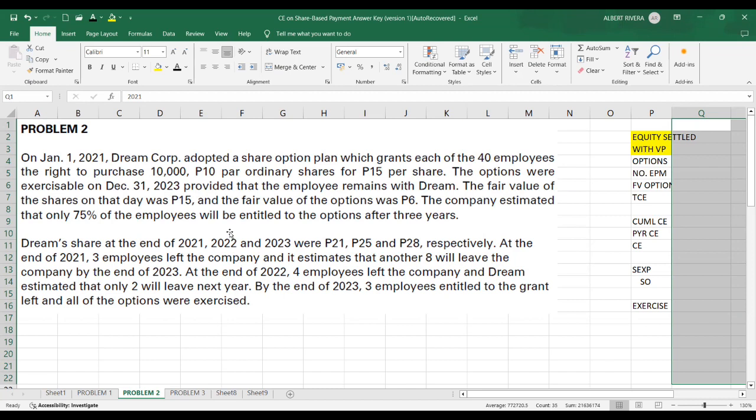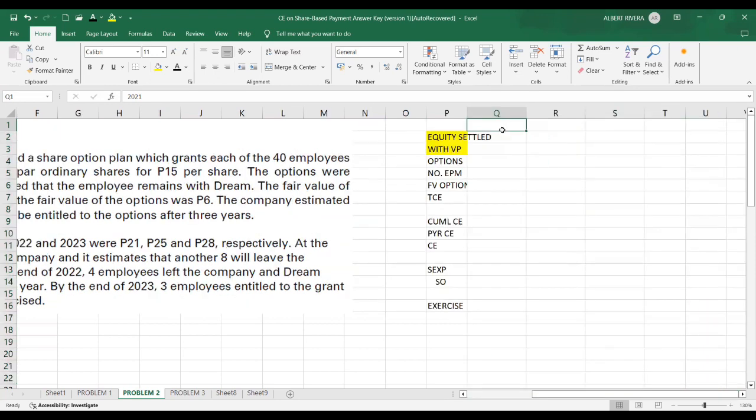Because the employees are required to perform a service period or vesting period of 3 years. This is from January 2021 to December 31, 2023. Okay? So the vesting period here is 3 years, that is 2021, 2022, and 2023.